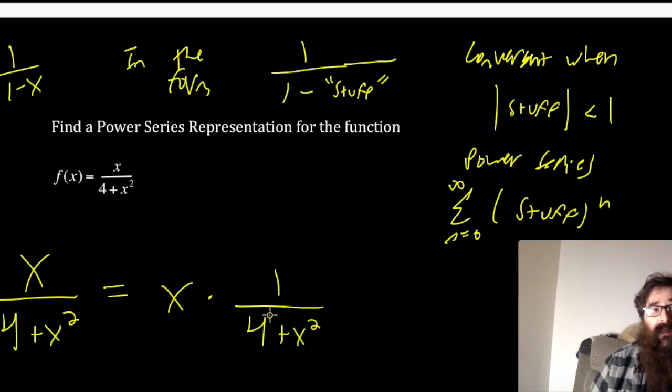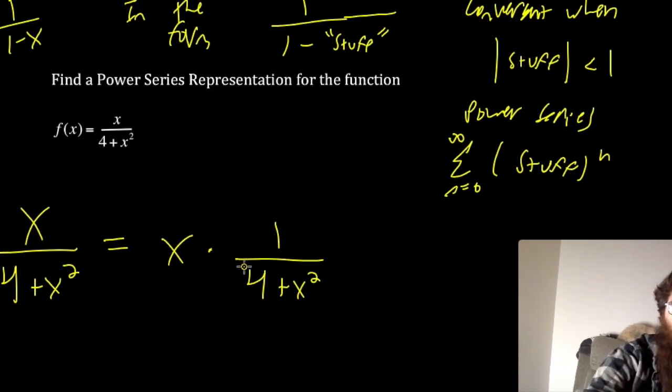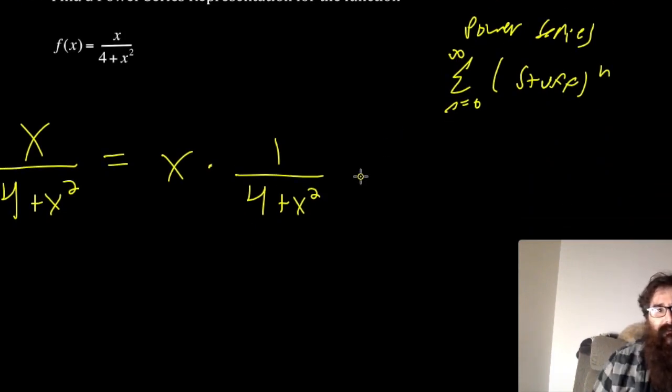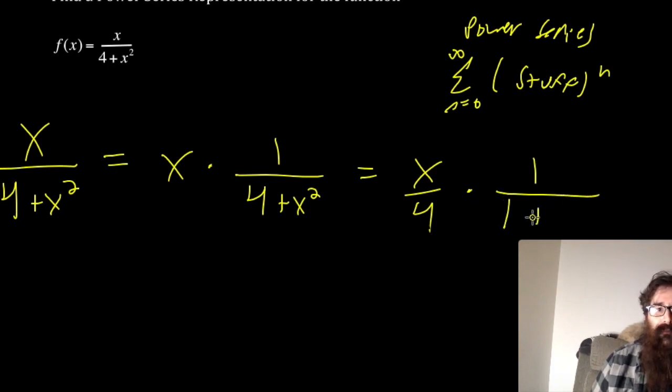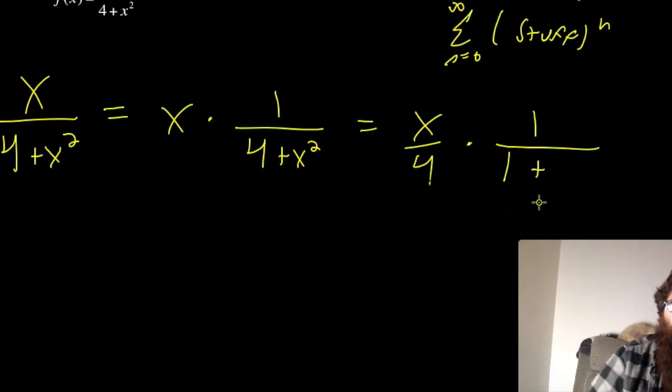Okay, so far so good. Also, I got 1 on top. I also want this 1 on bottom. I don't have a 1, I have a 4. So we've got to bring the 4 out. So now I have x over 4 times 1 over 1 plus, and since I brought the 4 out, I have a 1, but there's no 4 with the x squared, so to compensate, I want x squared divided by 4.